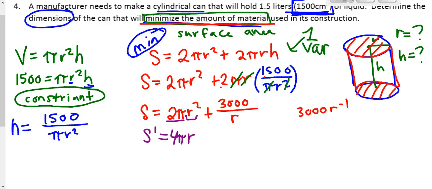So to take the derivative, we have 3,000 times -1, which is -3,000, times r to the negative 2, because -1 minus 1 is -2. I'll rewrite this as a fraction because it's easier to see what you need to do and solve when we don't have negative exponents. So we have minus 3,000 over r squared.